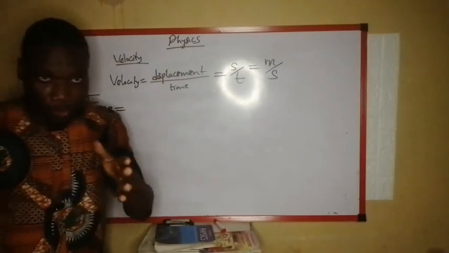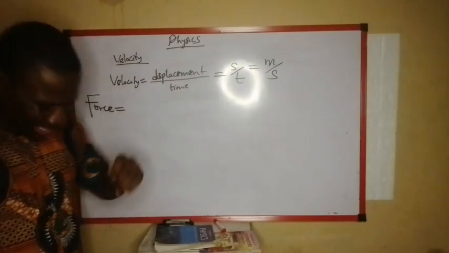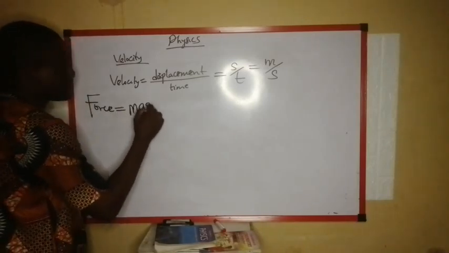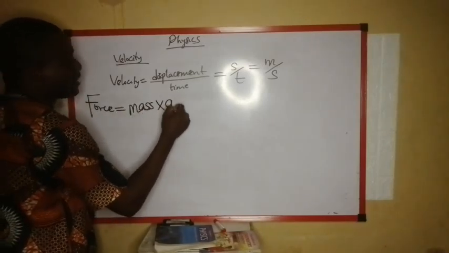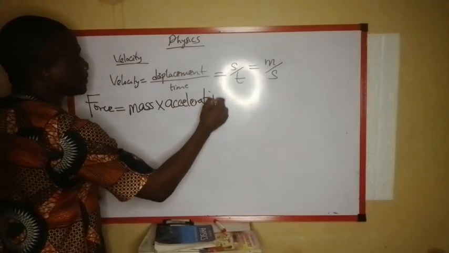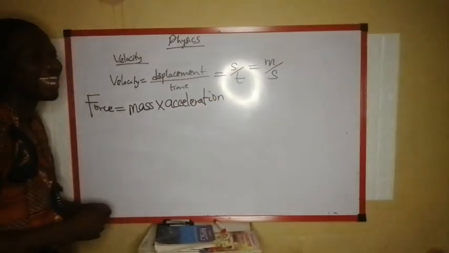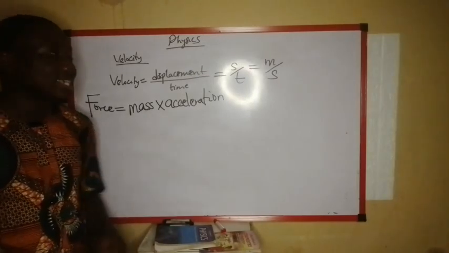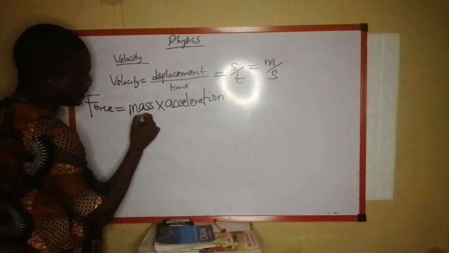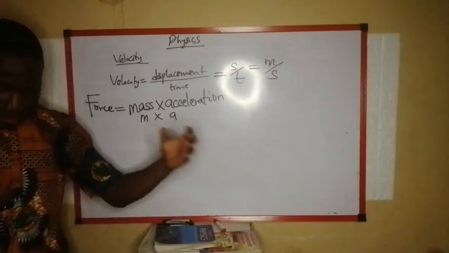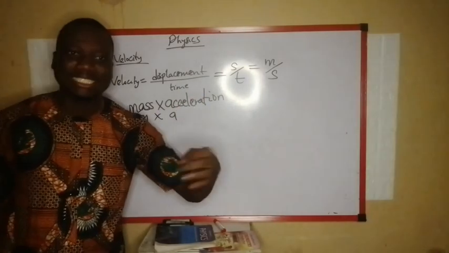Force is equal to mass times acceleration. So if we are grouping this, it is m times a, or ma. So F is equal to ma. Force is equal to mass times acceleration.